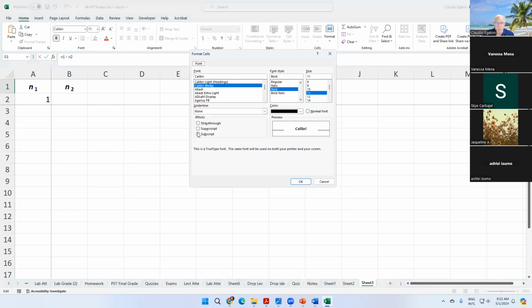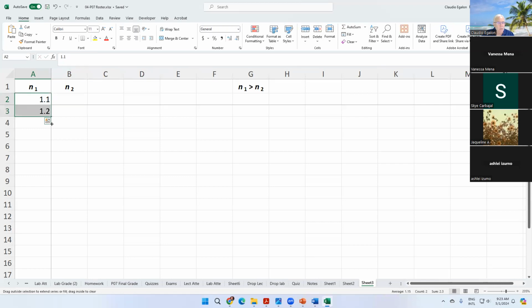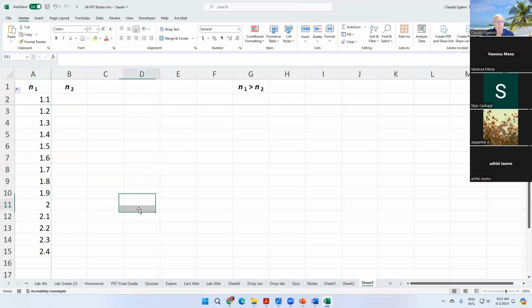Doesn't mean the medium with the lower refractive index, right? Not necessarily. It means the first medium. So here, let's start with 1.1, then we keep on increasing, 1.2, 1.3, and so on. And N2 is going to be the air outside.